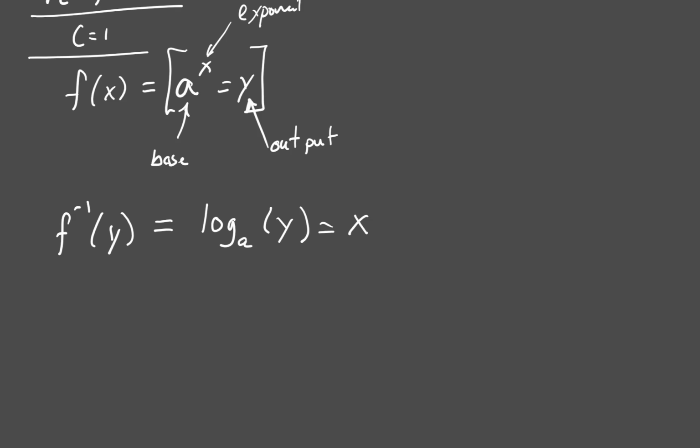In the last video we talked about how inverse functions switch your inputs and outputs. You put in an output and you end up with an input. So I've got this base again, but now this is the exponent. The output is the exponent instead of the input being the exponent.